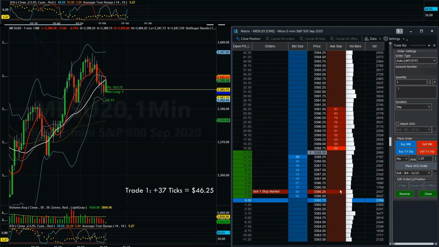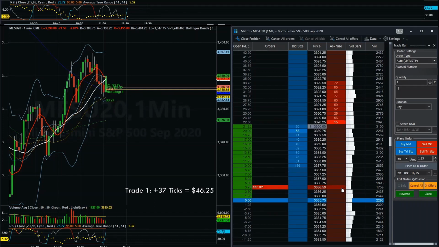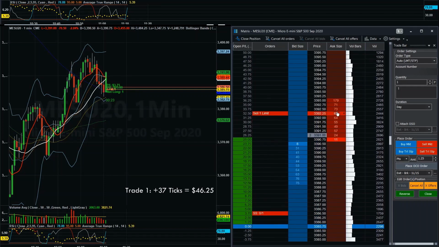I'm gonna place here my stop loss now, around this point here. Okay, around here, 3 ticks. And it's now a zero risk trade. We are already in positive territory.